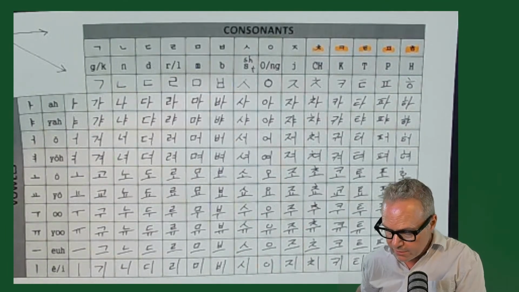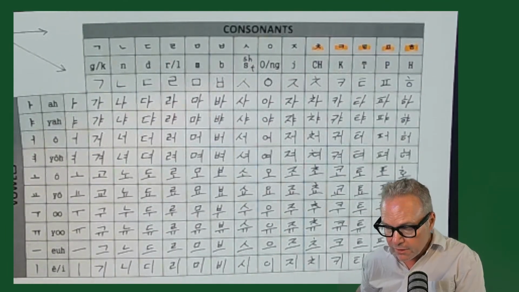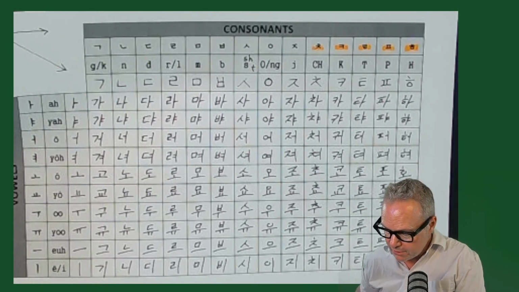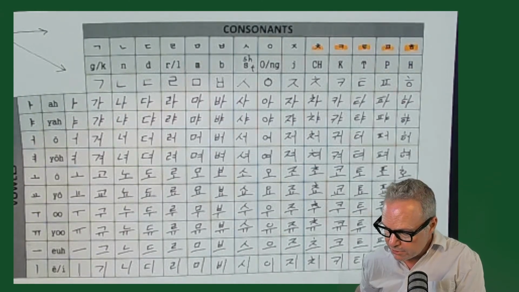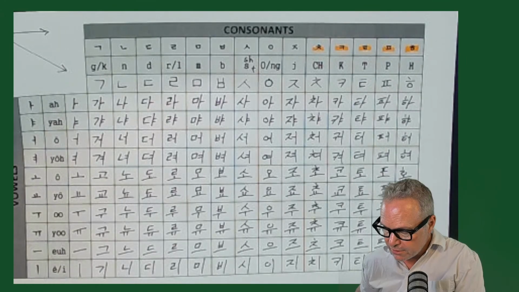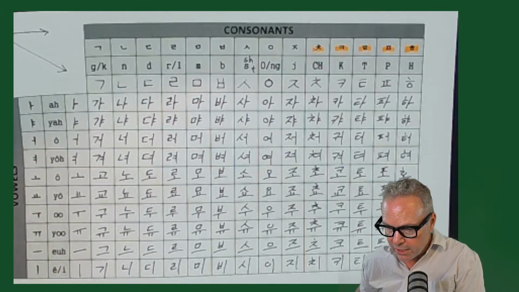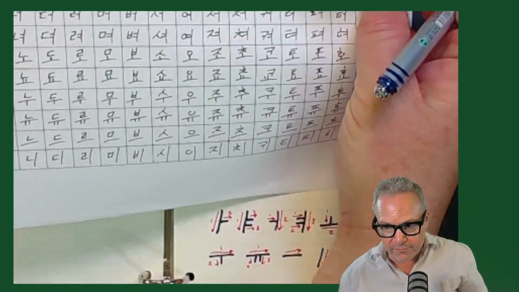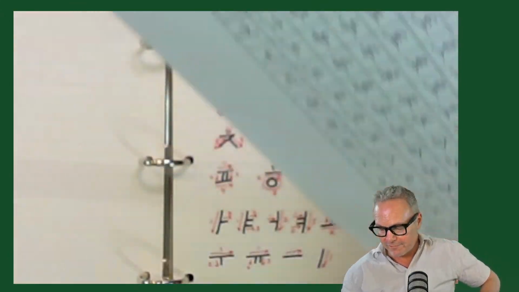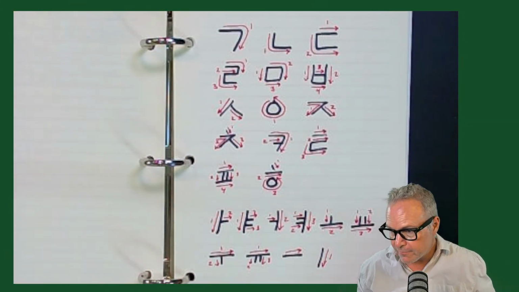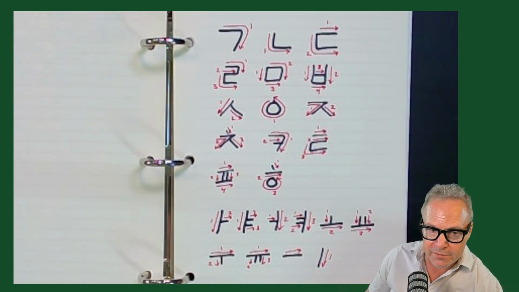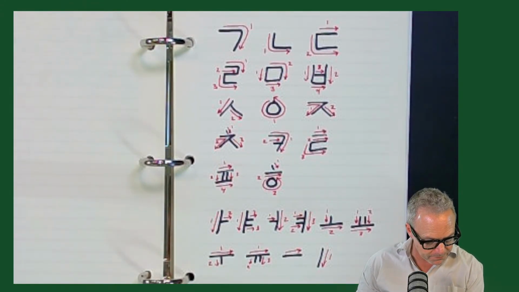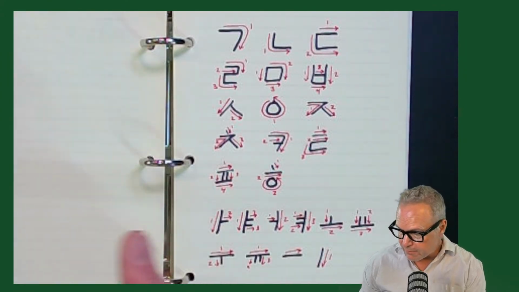Ga, na, da, ra, ma, ba, sa, a, ja, cha, ka, ta, pa, ha. You guys are doing great. I suggest you might want to take a screenshot so you've got all of the stroke order on everything. Use that to work on practicing your chart there.